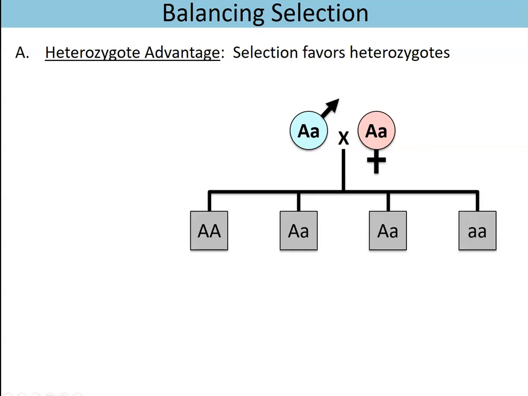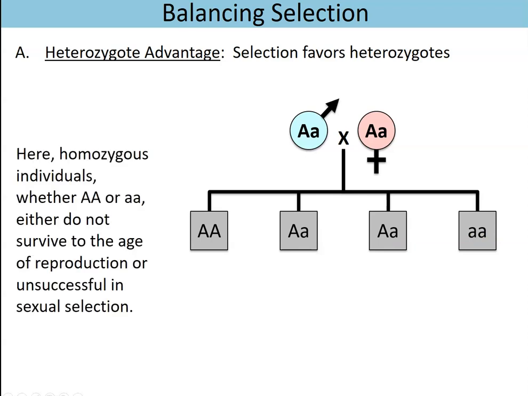within a population. And we know, because you've done your Punnett squares, that if an individual that's heterozygous mates with another individual that's heterozygous, then there are three genotypes that are possible for their offspring: homozygous dominant, heterozygous, or homozygous recessive. In this situation, the homozygous individuals, whether they're homozygous dominant or homozygous recessive, are not selected for.